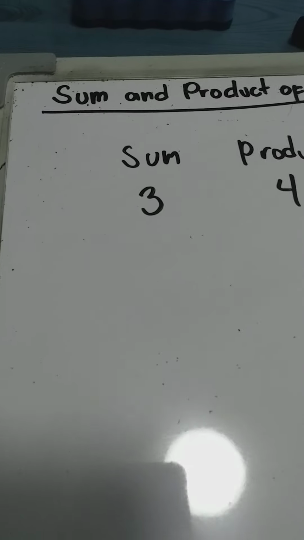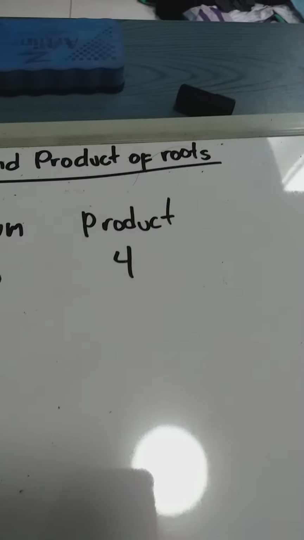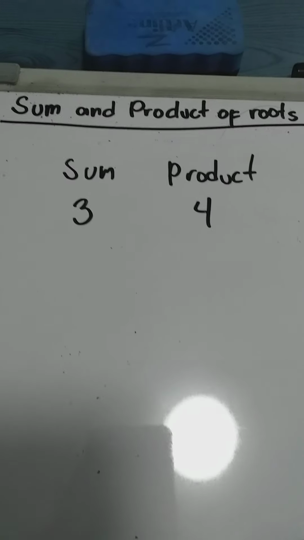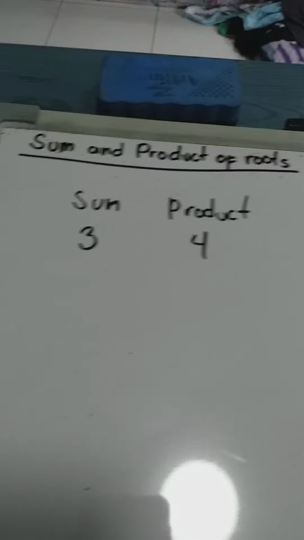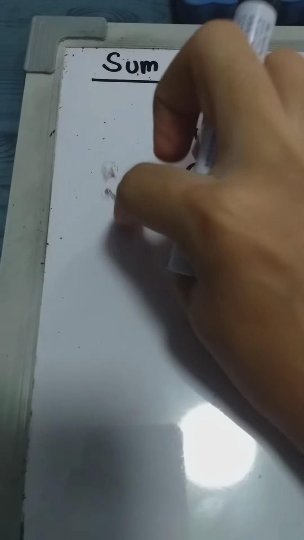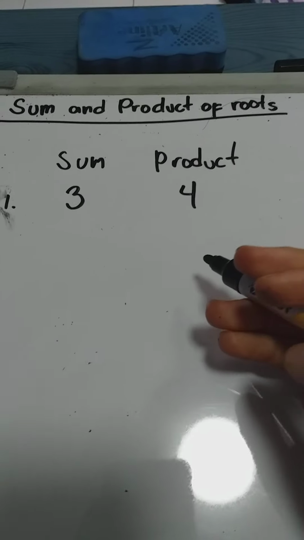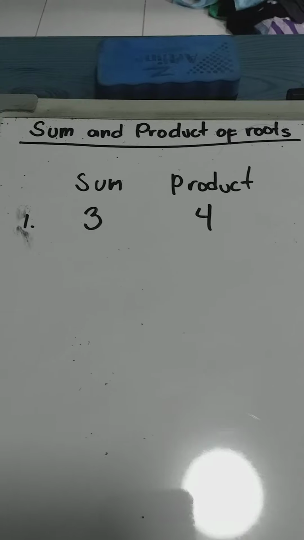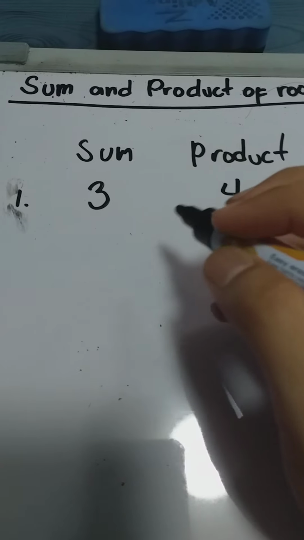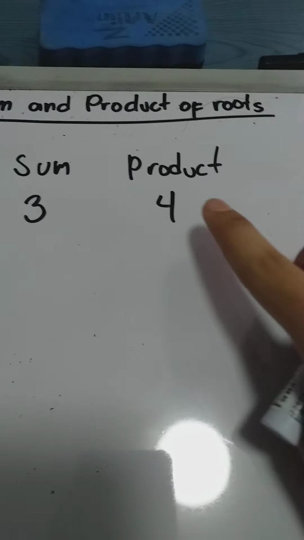So if the question is like, given the sum and product of roots, make them a quadratic equation, you still do the same, but there's no more adding or multiplying anymore because this is already the sum, and this is already the product.